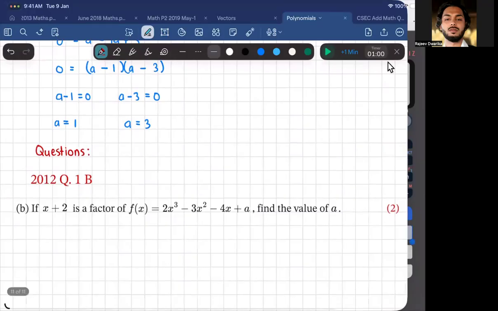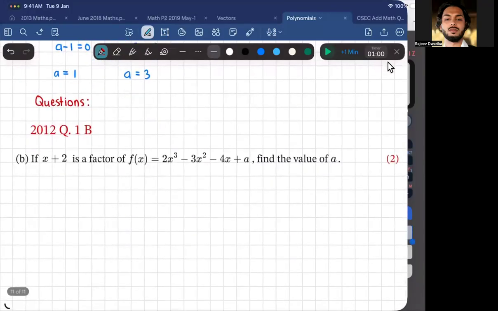If x plus 2 is a factor of f(x) equals 2x cubed minus 3x squared minus 4x plus a, find the value of a.